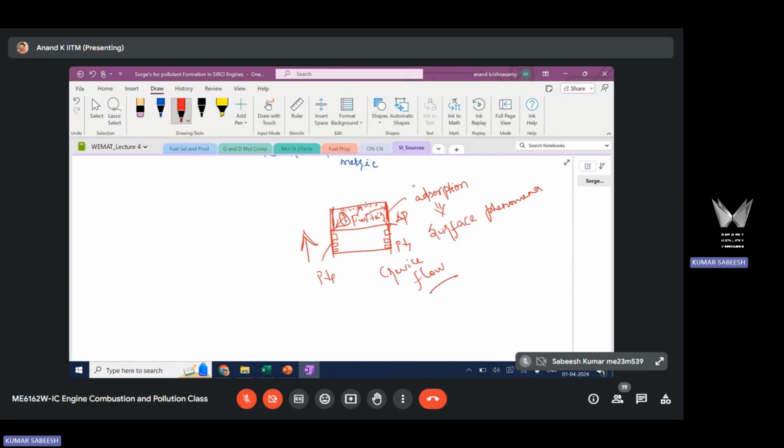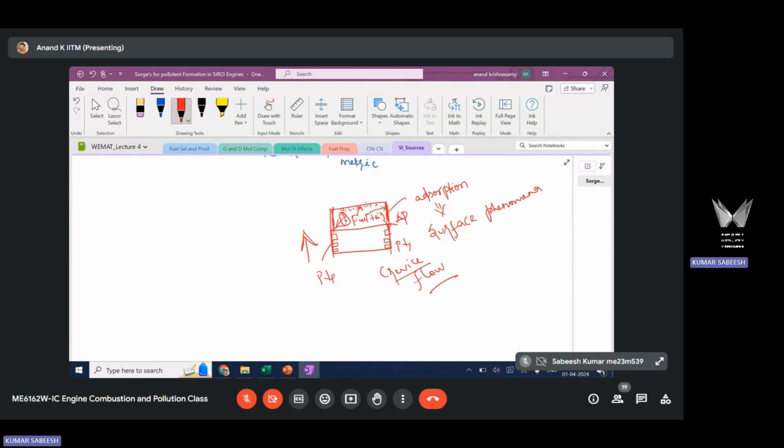In fact, this is one of the major sources for unburned emission. I will talk more about it later on. So a considerable fraction of FLR mixture goes and gets locked in the crevice. The problem is, the oil layer and carbon deposit that adsorb fuel, or the fuel that goes into the crevice, the flame cannot reach this region. In an SI engine, the flame has to ignite the FLR mixture.